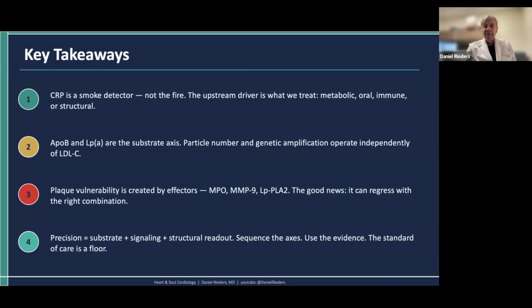Because a lot of heart attacks occur in patients who have less than a 50% stenosis, and they are told after a coronary angiogram there's nothing to be done, because they're not assessing vulnerable plaque per se, although you can see things on coronary angiogram such as remodeling, and you can see it also on a CTA.